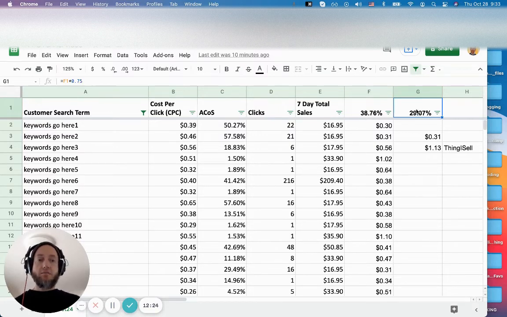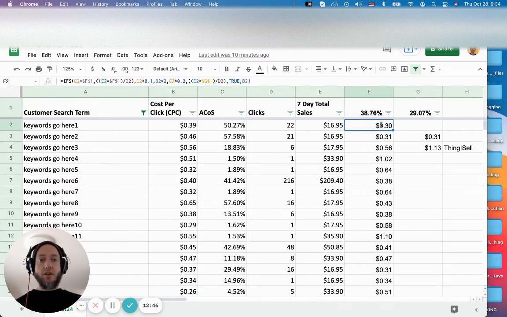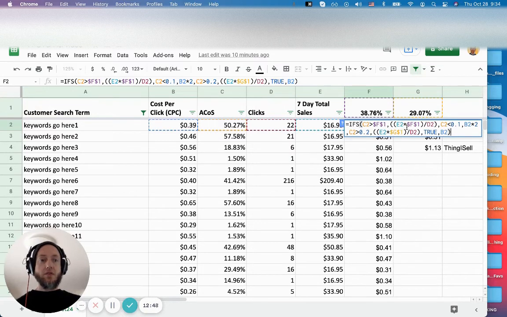So it just drops that percentage down 25%, which would give us a little bit of profit. Not a lot. We'd still be competitive, hopefully, but also we would still be making a little bit of money, and allow you some wiggle room if you want to work with placement settings and things like that, top of search and whatnot. All right, so let's keep moving down this formula and talking about it.